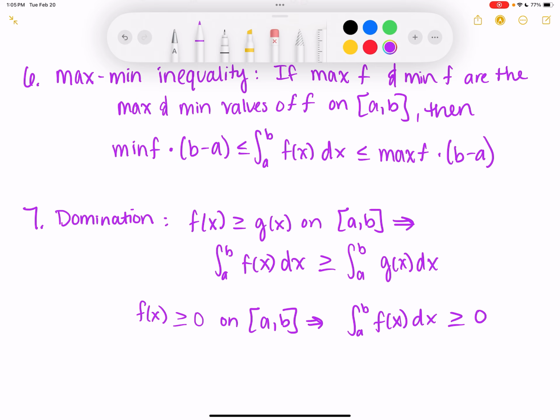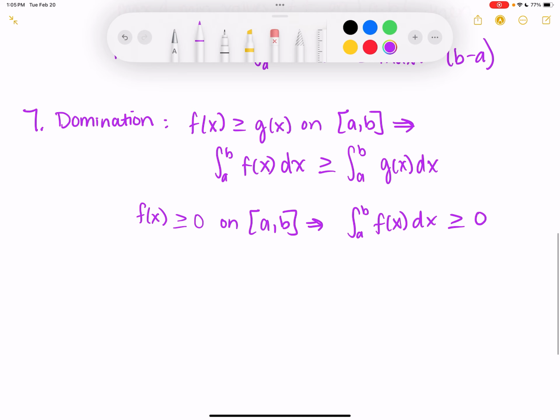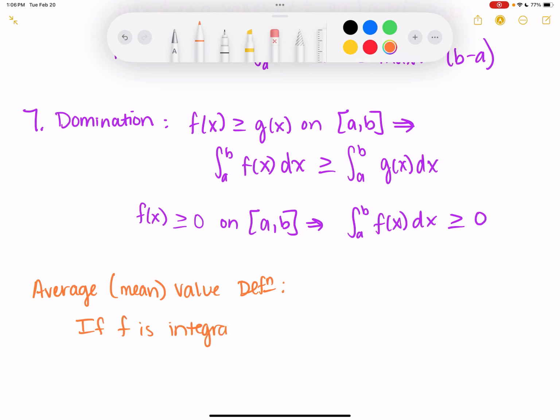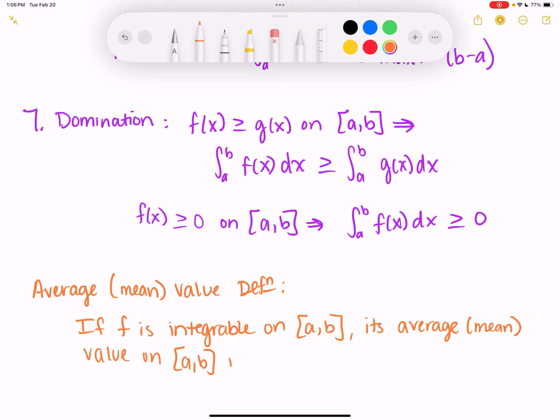We're going to have a definition and a theorem. So the average or mean value definition, if f is integrable on the closed interval a to b, its average or mean value on the closed interval a to b is AV of f, so it just means the average of f, is equal to 1 over b minus a times the integral from a to b of f of x dx.